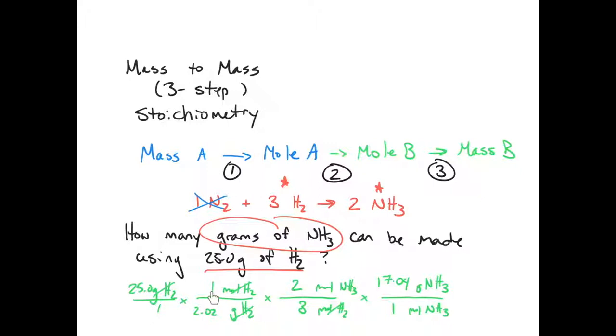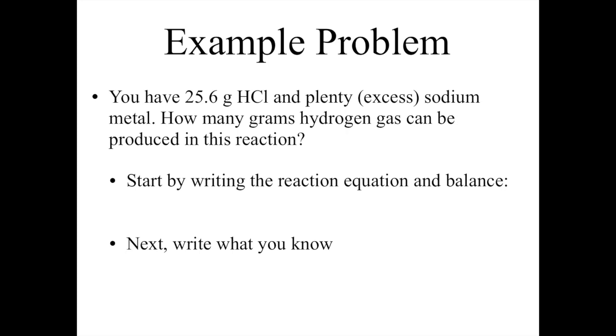Same with over here. 1 mole is equal to 2.02 grams. But we want grams on the bottom because we want grams to cancel here, but we want grams on the top because we want grams to be what you're finished with in the end. With that being said, you punch this into your calculator and you get an answer of 141 grams of NH3.